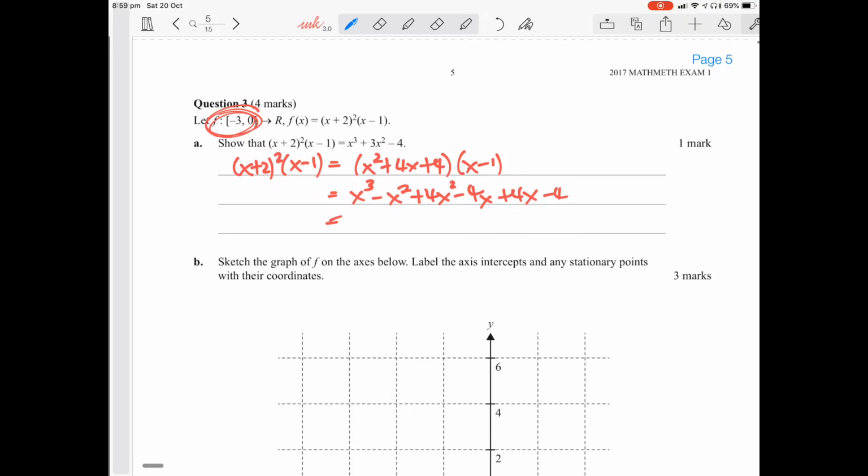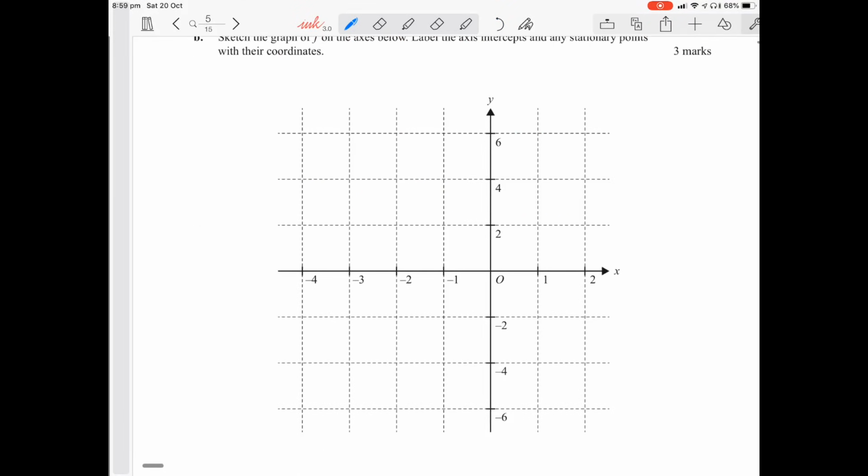I actually wouldn't even pay attention to adding them together because I know it's got to end up being 3x squared minus 4. However, it's a good check to make sure you haven't stuffed anything up. So x cubed, my x squared, I've got 4x squared minus x squared, which is 3x squared. And then the x terms cancel, and I end up with minus 4. So we know that it's right.